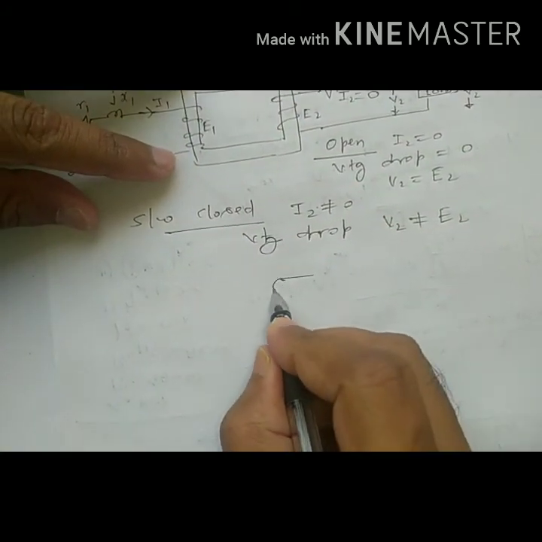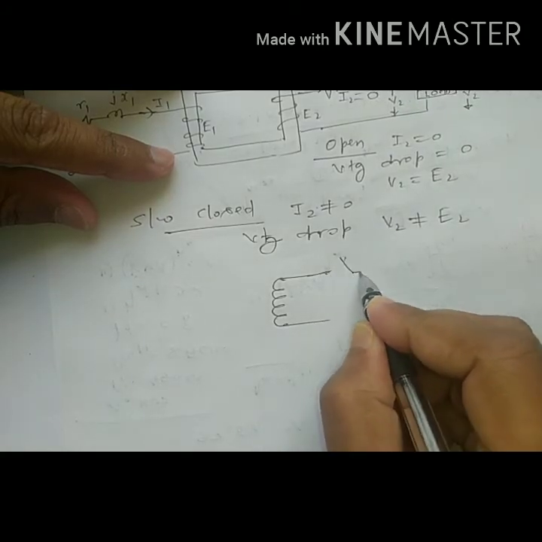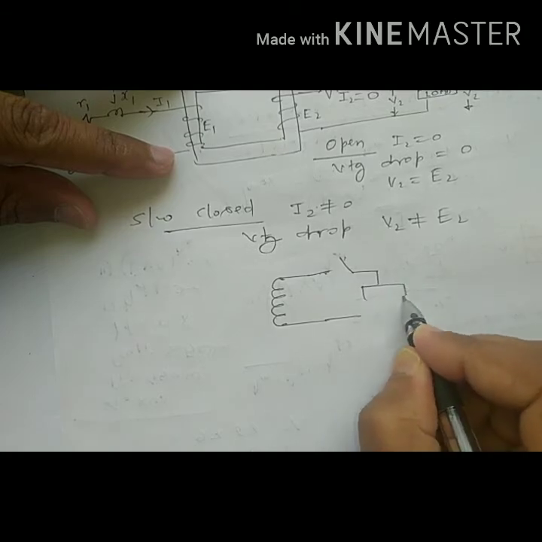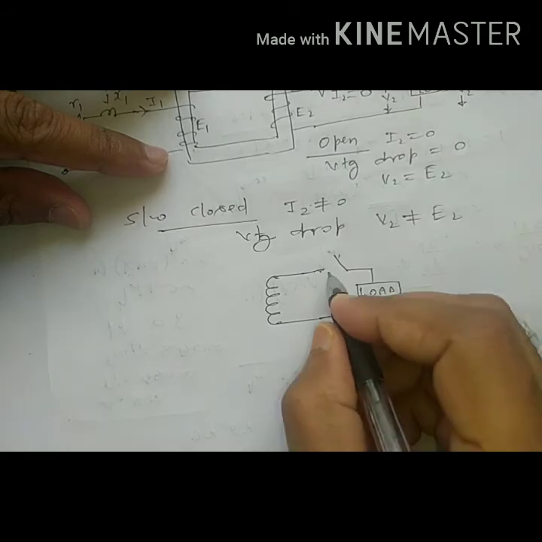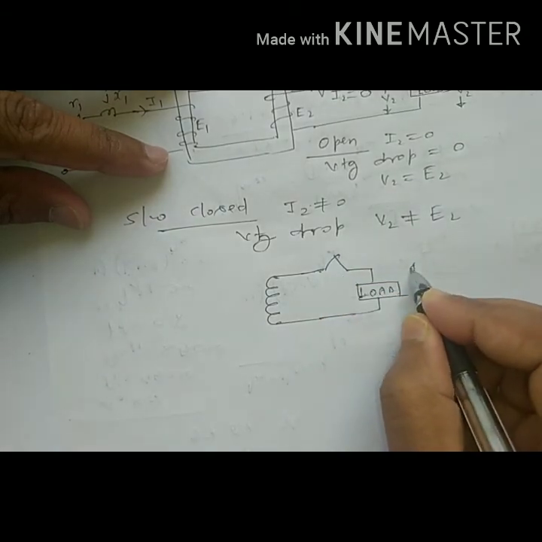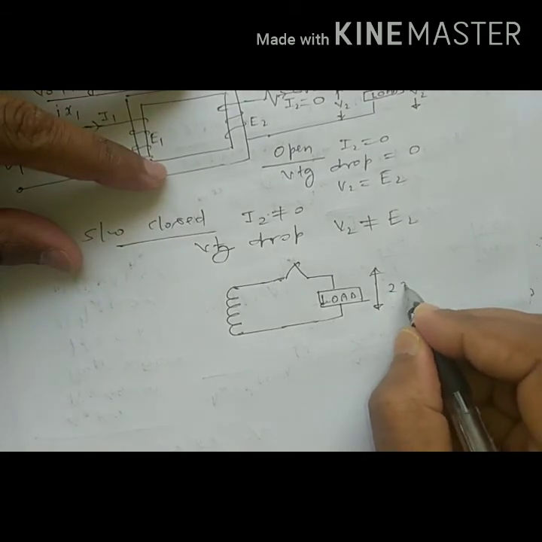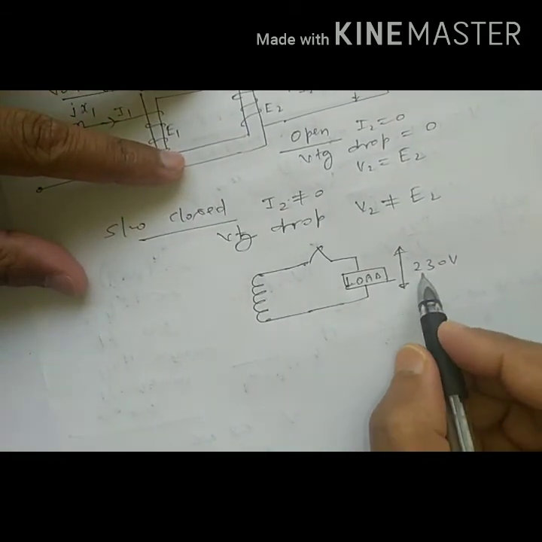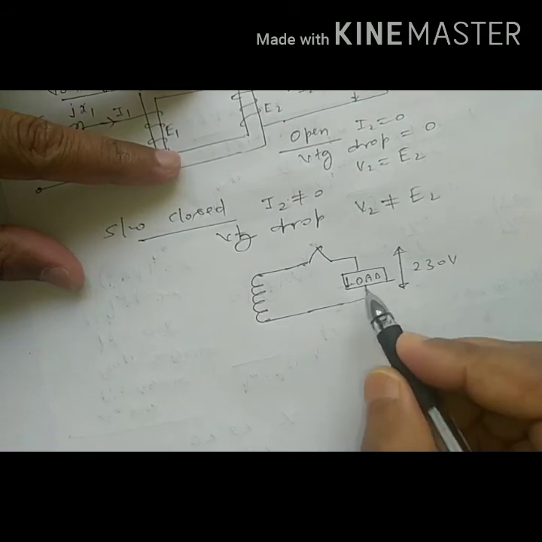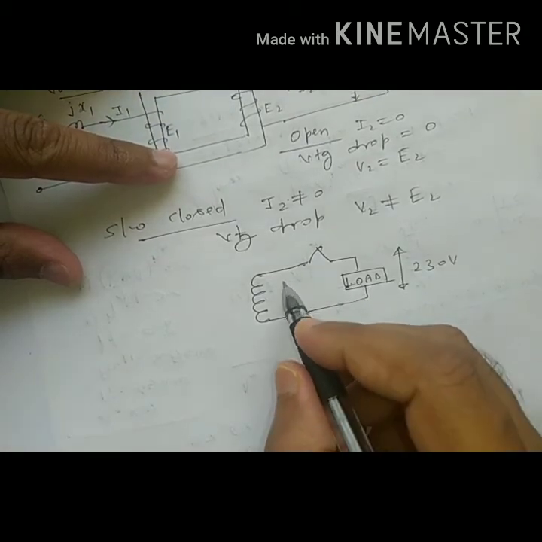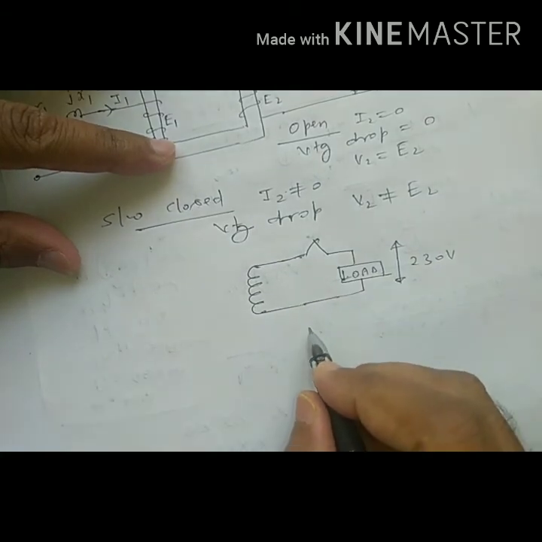Say this is the secondary of the transformer and this is the load. The switch is closed, so the voltage across the load is suppose 230 volt. So the load voltage is 230. Say it is the rated voltage of the transformer, but when the switch is open, what will be the voltage across this terminal?